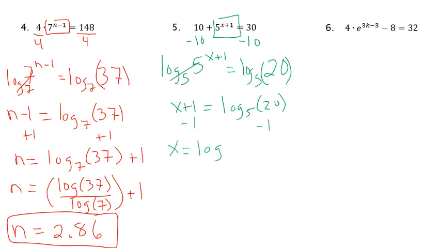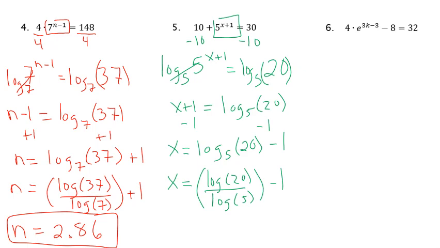And again, we're going to evaluate that log first, so we can't do 20 minus 1. It's actually log of 20 base 5 minus 1. We do have to do the base change formula because we're doing base 5. So that would be, I'm going to do a big parenthesis here, log of 20 over log of 5 minus 1. And then our final answer would be 0.86.